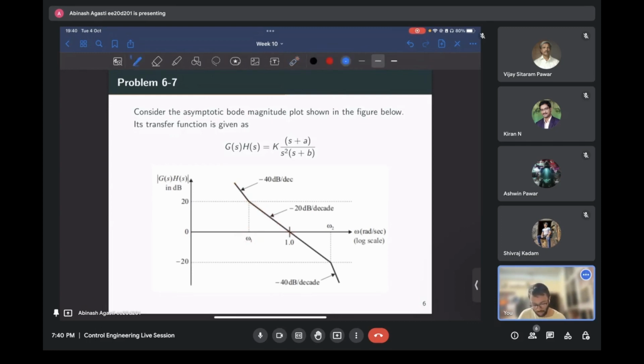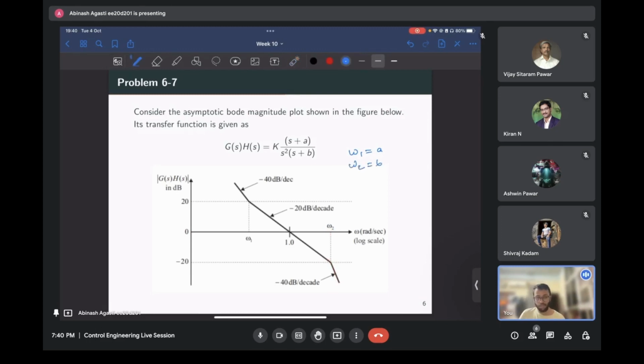So omega 1 is equal to A. And similarly for B, another pole will be encountered at omega 2, because here from minus 20 we shift to another minus 40 dB per decade. So omega 2 is equal to B.